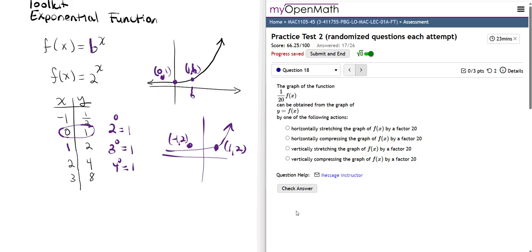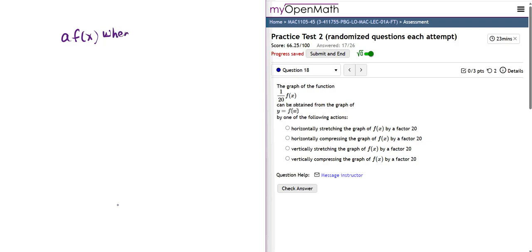All right, number 18, the graph of the function 1/20 times f of x can be obtained from the graph y equals f of x by one of the following. So whatever f of x is, what's happening here is we're multiplying by a number that's less than 1. Another way you could think of that, just to help you understand: when you're multiplying by a number that is less than 1, you're shrinking vertically.